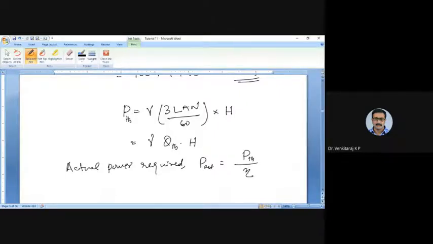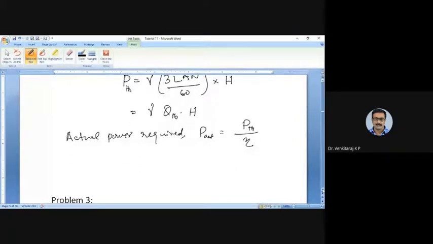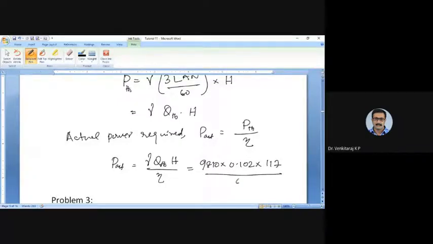So you have to provide more work in order to operate the pump. So P actual equals gamma Q theoretical H divided by efficiency. Gamma is 9810, theoretical discharge is 0.102, head is 117, and the efficiency of the pump is 0.9, that is 90%.